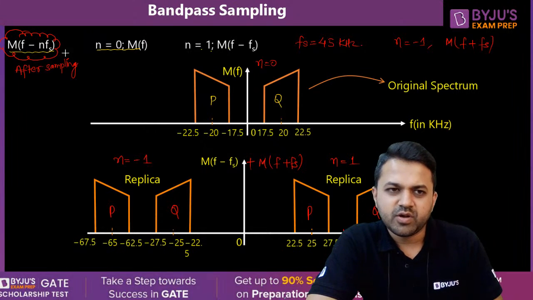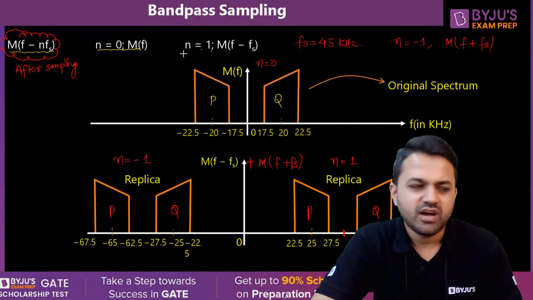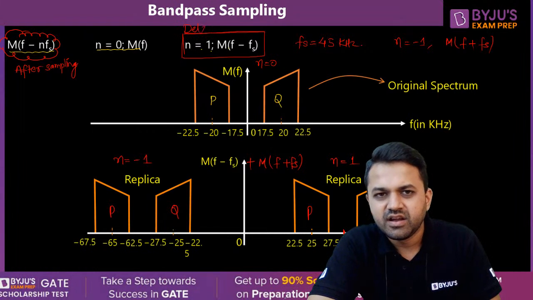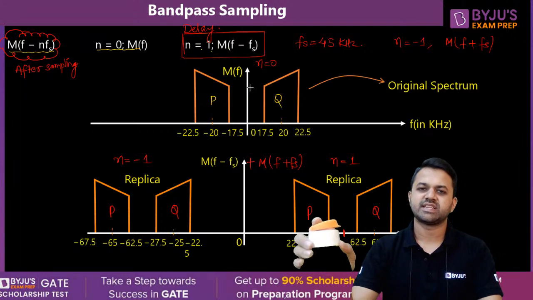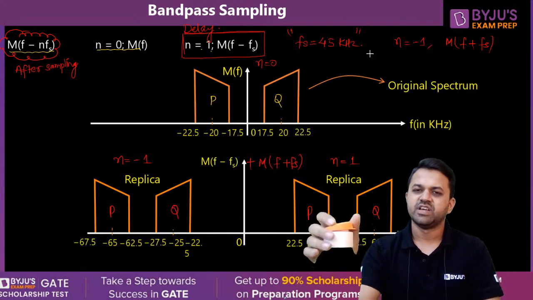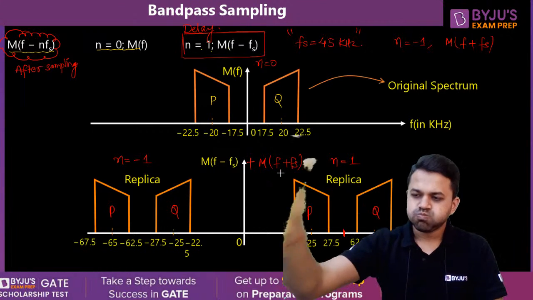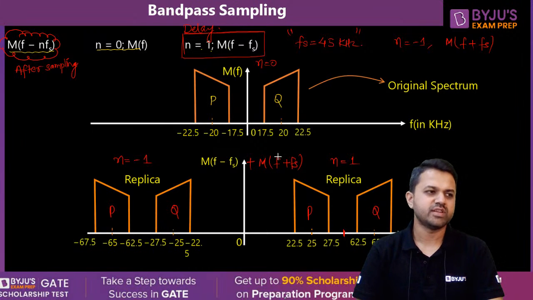As we said, when we sample any signal, we get M of f minus fs. For n equal to 1, you have to simply shift the signal towards the right. That is the delay of the signal. I hope that you know how to delay the signal, and the sampling frequency here is 45. So you have to delay the signal by 45. How can you shift by 45?